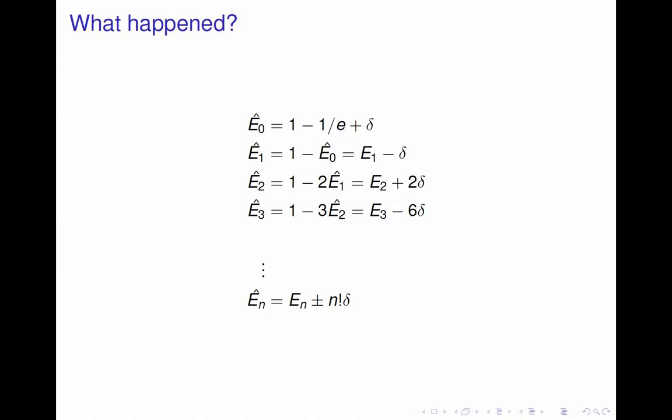Now, delta can be really small, but n factorial gets pretty big pretty quickly. So n factorial times delta at some point is going to become big, and for the calculation that we had just a moment ago, that is around n equals 18 or 19. So this happens. This is something to watch out for.